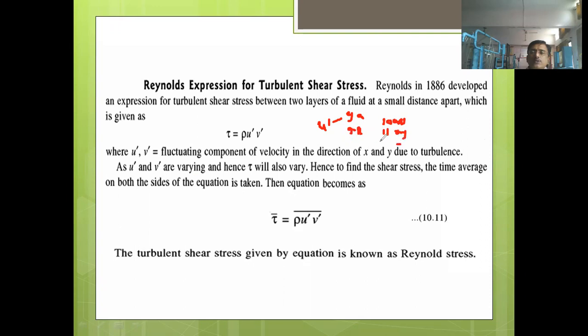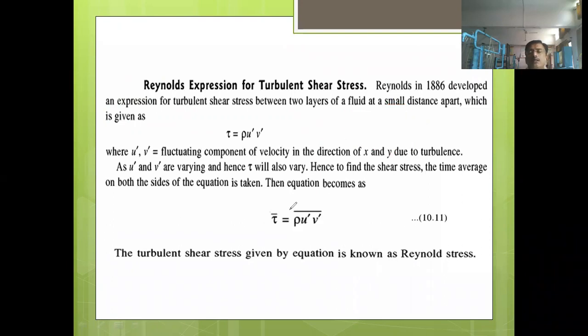Then it again fluctuates and goes to 9 meter per second at 9:02. So we have to do the averaging of these three velocities. We add these values and divide by 3. You will get the time average velocity.